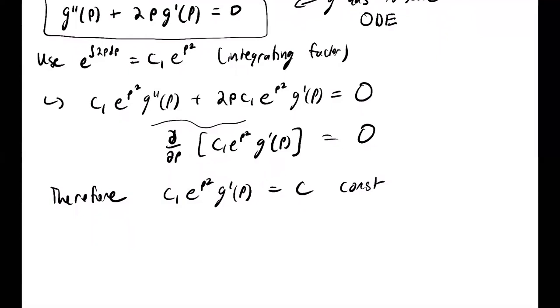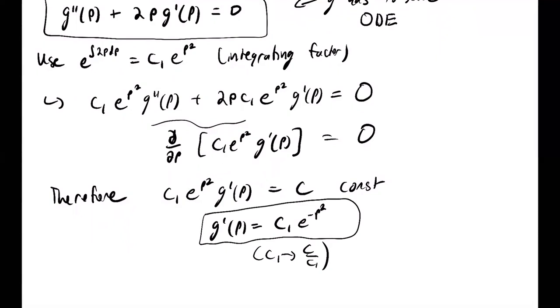Right, and so this tells me that g prime of p has to be some constant, which I'm just going to call c1 again, I'm replacing c1 by c divided by the other thing, times e to the minus p squared. And that's it. So I haven't found g yet, but this tells me what the derivative of g has to be, where c1 is just some constant.